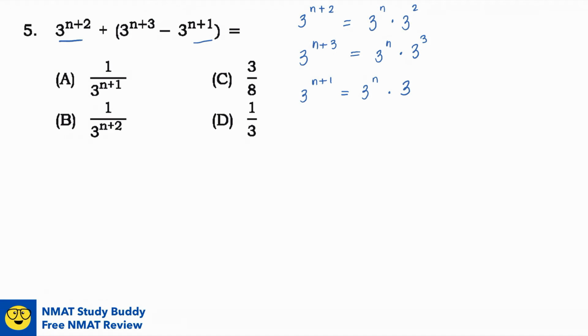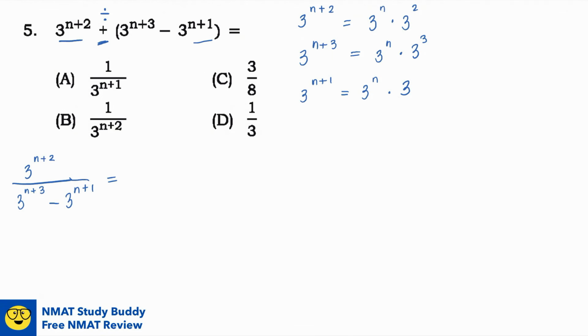So, dito pala sa problem na to, parang mali na addition yung binigay sa atin. Wala tayong makukuhang sagot kapag addition yung operation. Meron tayong makukuhang sagot sa choices kapag ginawa nating division to. So, this can be rewritten as 3 raised to n plus 2 all over 3 raised to n plus 3 minus 3 raised to n plus 1.